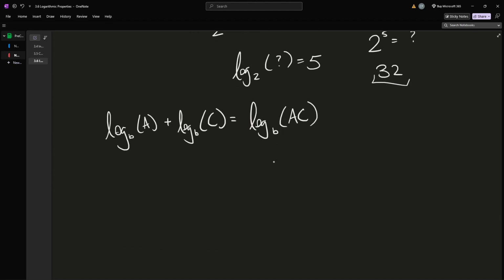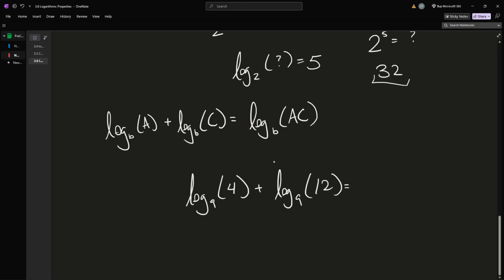So let's do one quick example. Let's say I had log base 9 of 4 plus log base 9 of 12. I can't simplify this. If you can solve it out, you can just solve it out, like if it was 9 and 81 or 9 and 9, you can just simplify it.